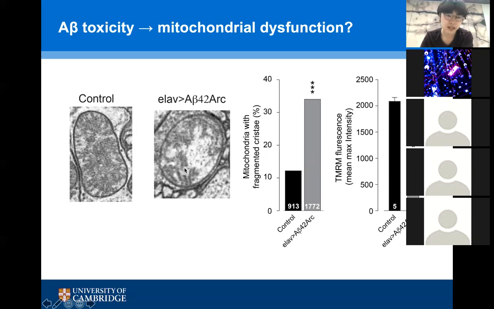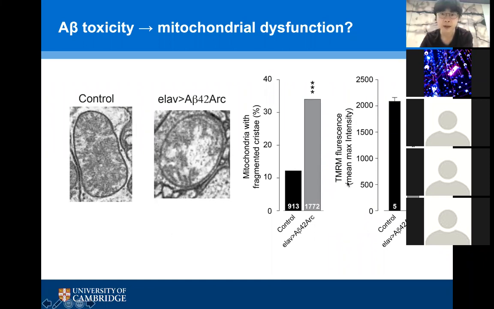In fact, we can see that their cristae are degenerate and look different from the control ones, where the cristae are very dense, whereas the cristae from flies overexpressing toxic amyloid beta seem to be fragmented.